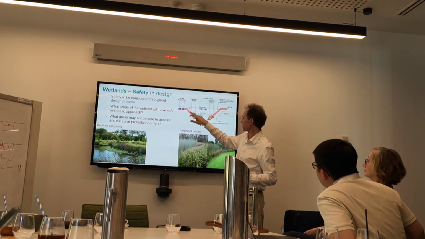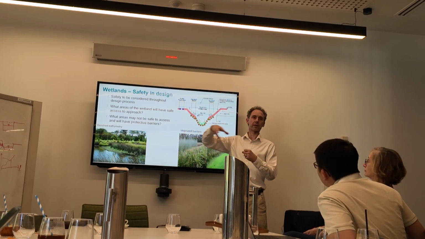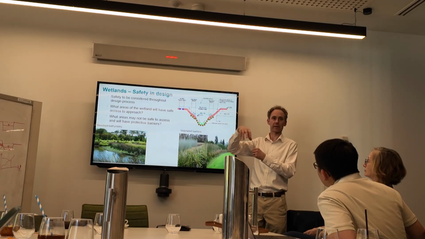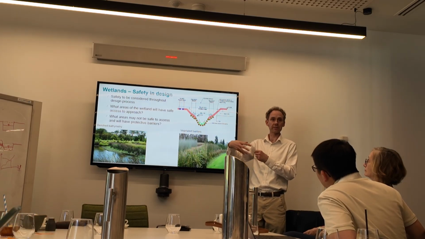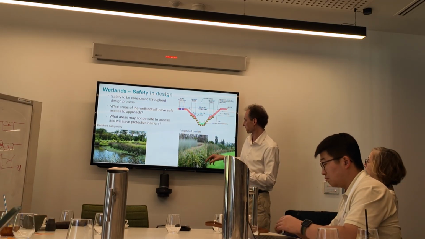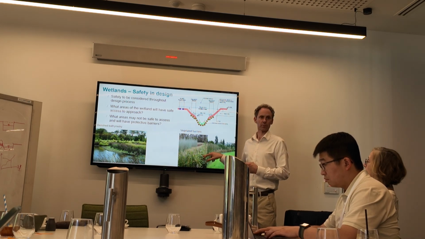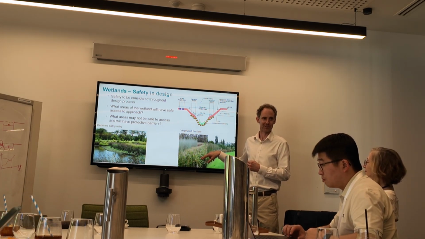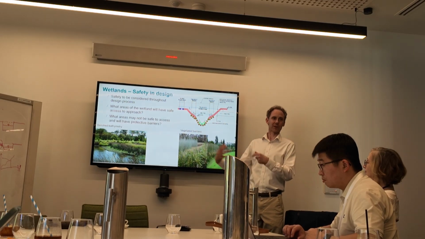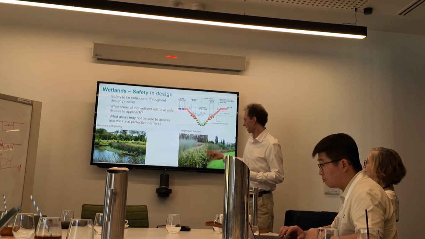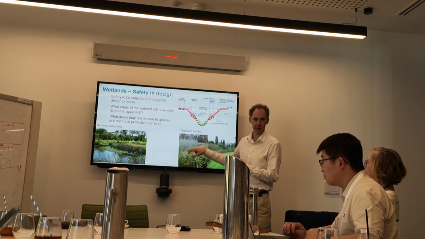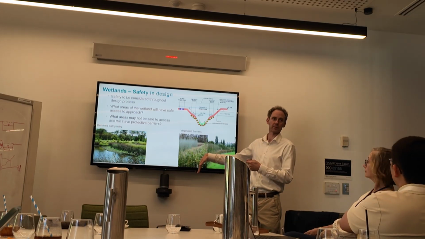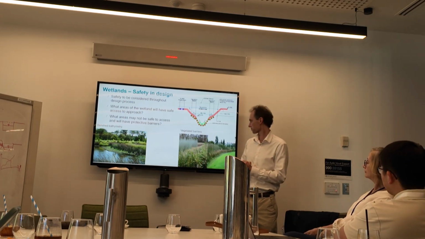Or if you're not meeting these criteria, you've got to have something else around it to prevent people getting access. So you've either got to put up a fence, or our other favourite thing is to plant some really nice tall spiky plants that no one wants to walk into. That can also work really well as a barrier. And sometimes we do both. We put the spiky plants in and then we put the fence up as well, just to be doubly sure.